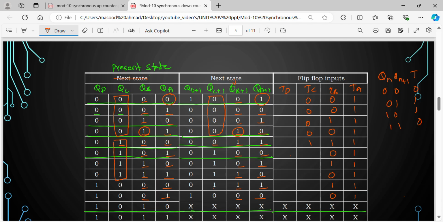How many ones in QC plus 1? This is 0, this is 1. Here I have 4 ones, but up to here only it is the same, so 3 ones are common. These 3 ones and these 3 ones are common, so for those values, for 3 zeros I will get it.